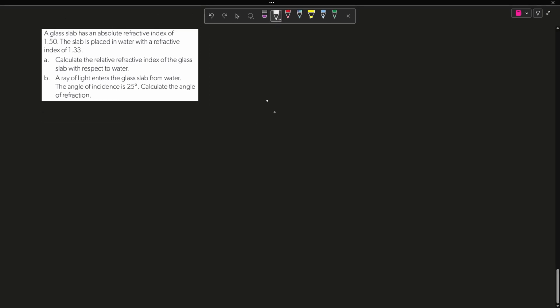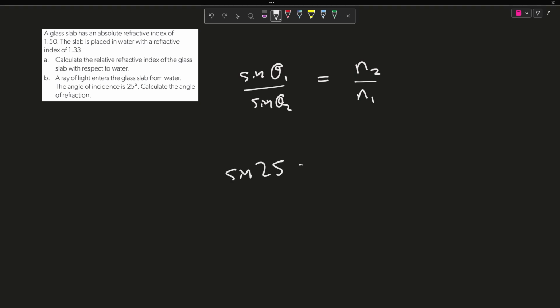So for the second part of the question, we can use the other formula, sine theta 1 over sine theta 2 is equal to n2 over n1, and I'm just rearranging what's in the formula booklet. So the angle of incidence when it's going in is sine 25, which is equal to n2, which is of the glass because it's going into the glass, 1.5 over 1.33, over sine theta 2, which is what we are looking for.